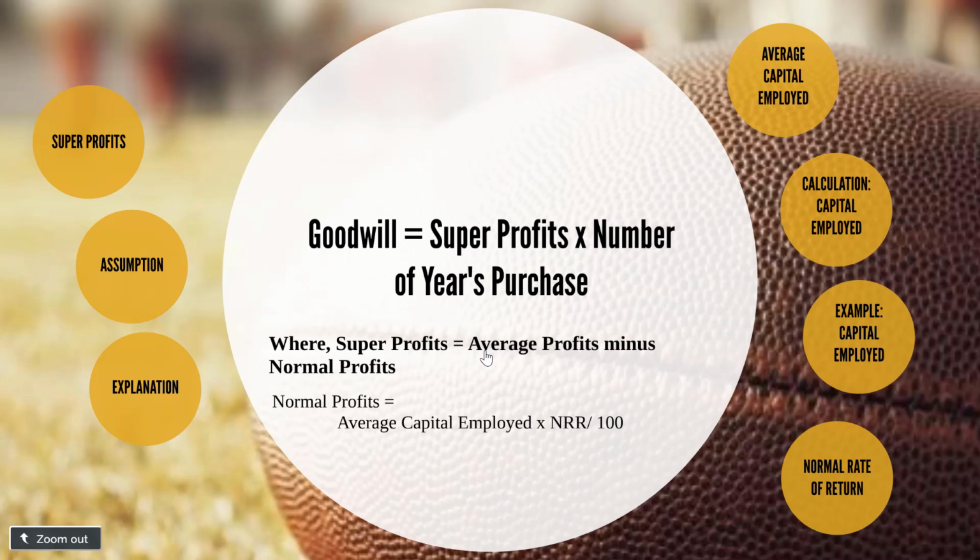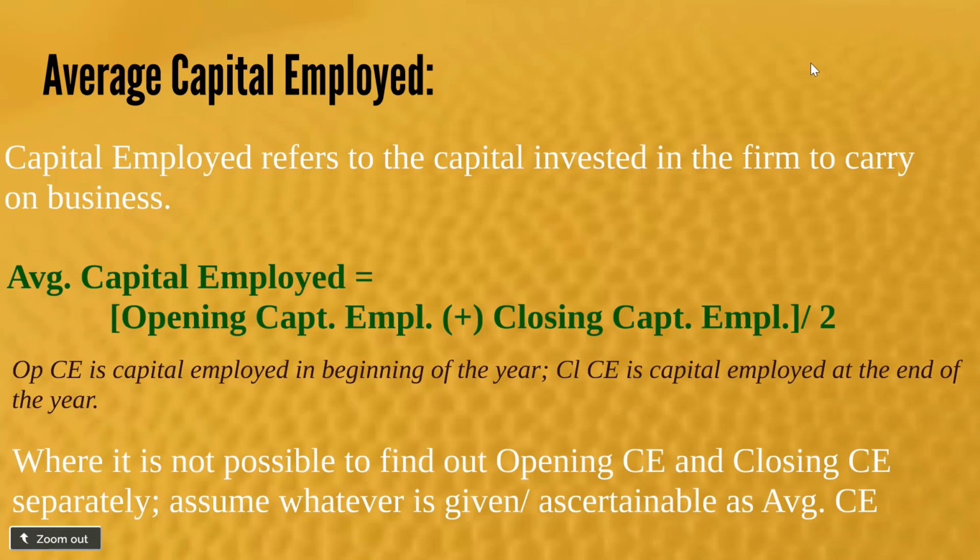Let's begin with what is the meaning of average capital employed. Capital employed refers to the capital which is invested in the firm to carry on the business. So the capital invested in the firm is referred to as capital employed.